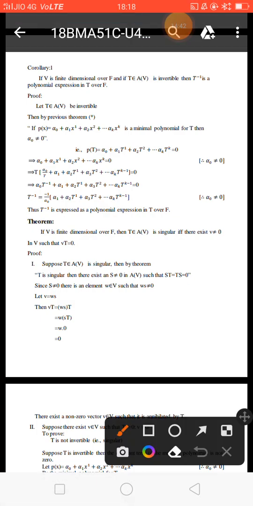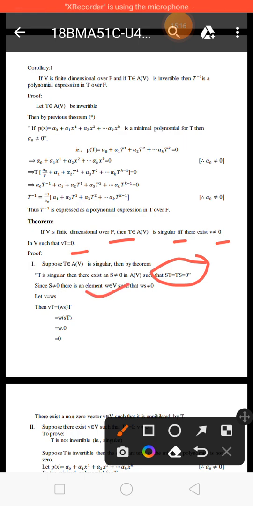Then comes the next one. If V is finite dimensional over F, then T belongs to A(V) is singular if and only if there exists v not equal to 0 in V such that vT = 0. So this is again a new case. Singular there meant ST = TS = 0, and here it is vT = 0. Suppose that T belongs to A(V) is singular; by the theorem I mentioned, ST = TS = 0.